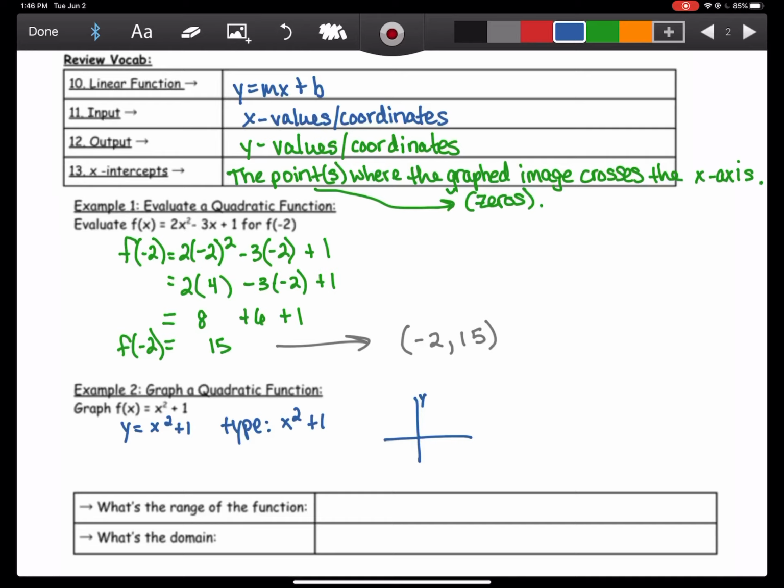Let's see if I can find it without taking too long. That's all right. I want you to try and look up Desmos.com and try to see what the graph of x squared plus 1 would look like. It's just a tiny difference from what you might expect.